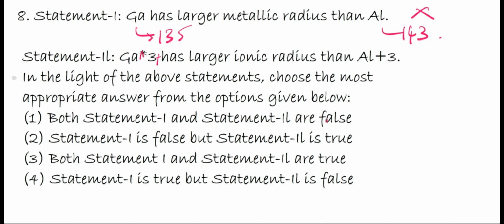Gallium 3 plus has an ionic radius of 62, and for aluminium 3 plus, that is 53.5. So this is a true statement and the other is false. Statement 1 is false, but statement 2 is true.